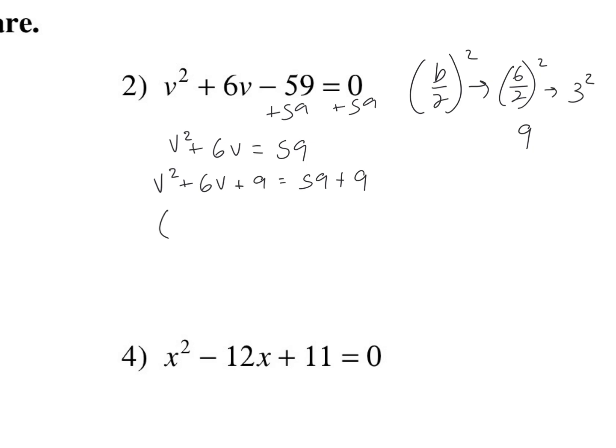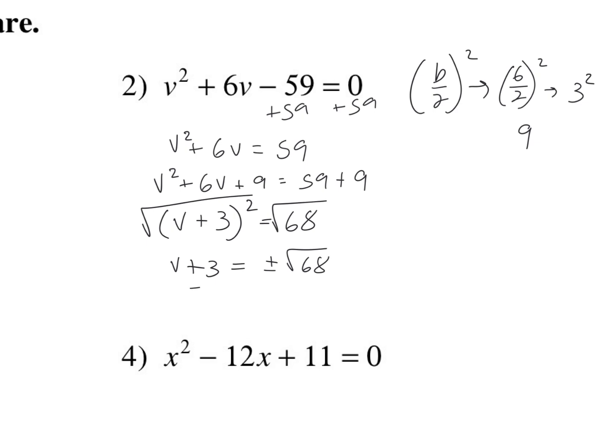This is going to factor to v plus 3 squared equals 68. I will take the square root on both sides, and we're left with v plus 3 equals plus or minus root 68. I'll subtract the 3, and I'm left with v equals negative 3 plus or minus root 68.